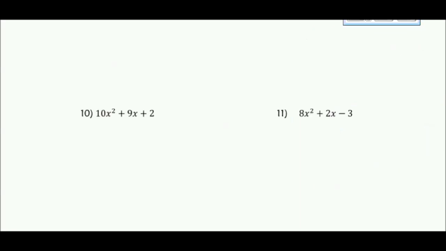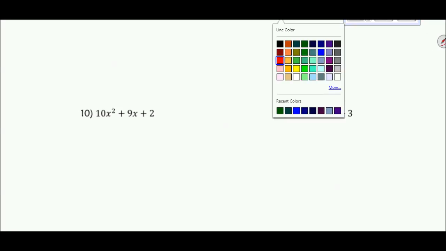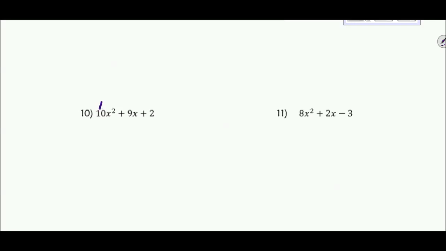Okay, so first A, B, and C, and then A and C together, and B is 9. And you can get things that will multiply to, and 4, and they add up to make 9.